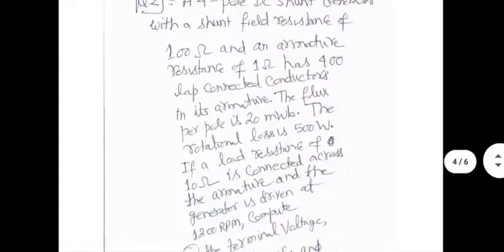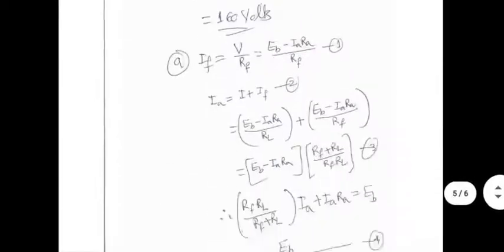Now what I do is, in equation 2 on the right hand side, I put the value of I as V divided by RL. RL is the load resistance which is given to you actually. And V is EB minus IARA. That is also clear. And the second term on the right hand side of equation 2 is IF, which is EB minus IARA upon RF.